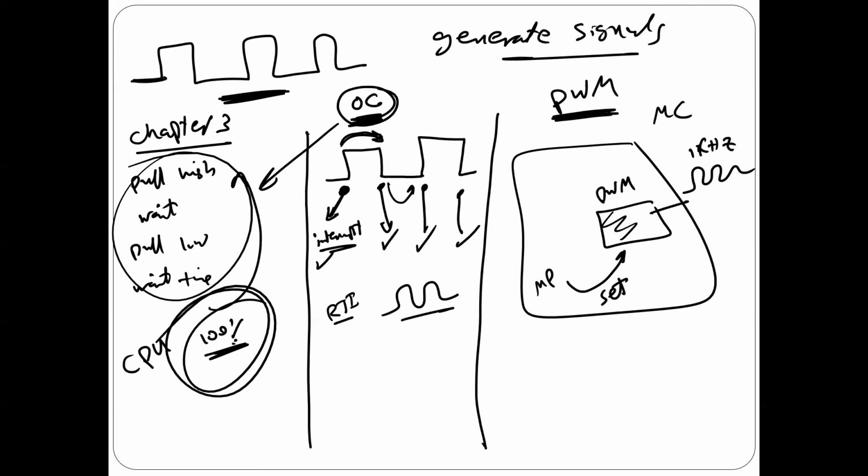And this is the beauty here. So after you do the initialization, how much time are we going to take from the microcontroller? Zero time. Because once I initialize, the circuit is going to generate the signal by itself without the intervention of the microcontroller at all. You understand the difference?